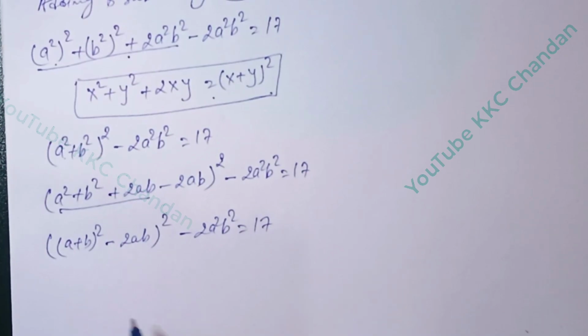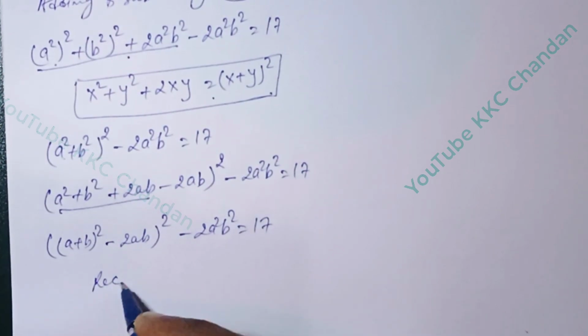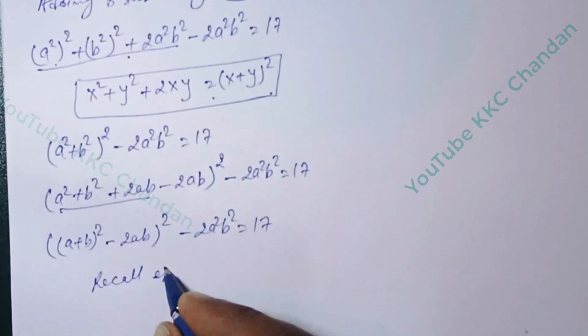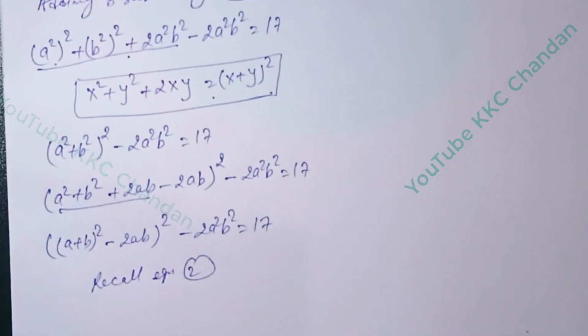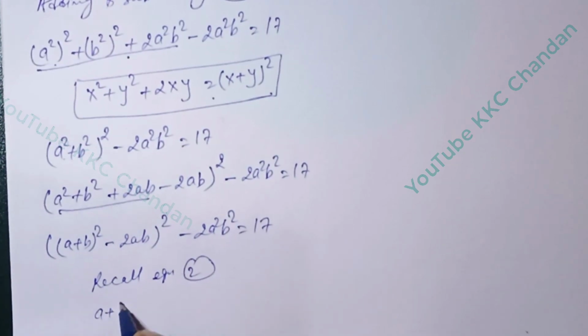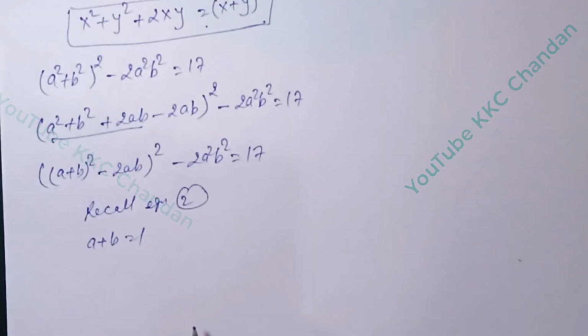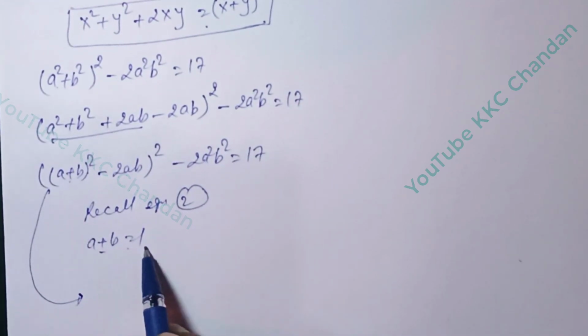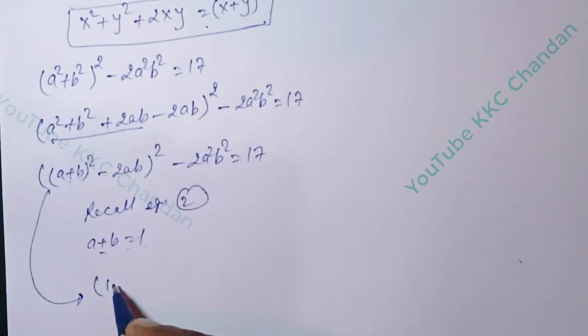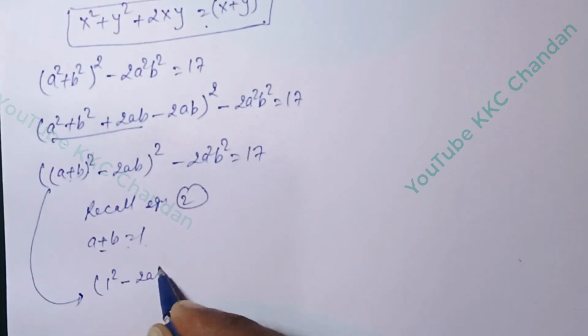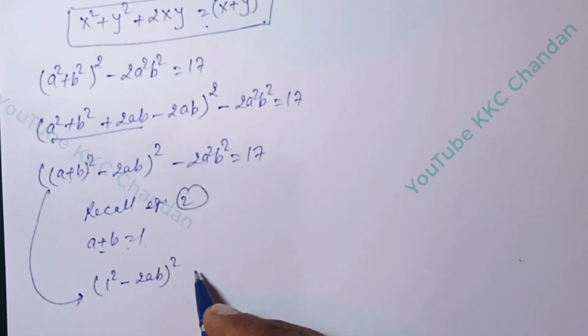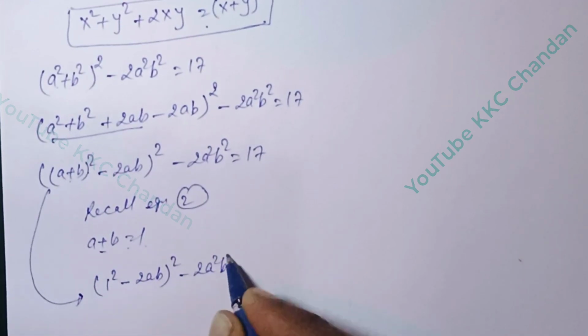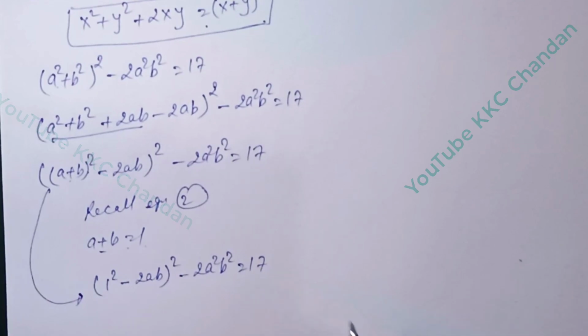After the next step, recall equation number 2. Equation number 2 is telling that a plus b is equal to 1. So next step, this will be applied here. See here, a plus b whole square, here a plus b value is 1. Therefore bracket open 1 square minus 2ab bracket close whole square minus 2a square b square is equal to 17.